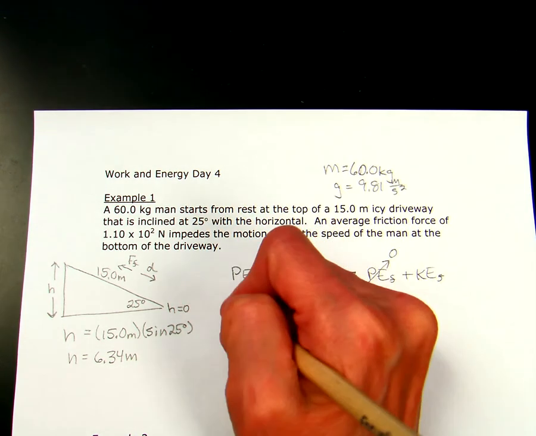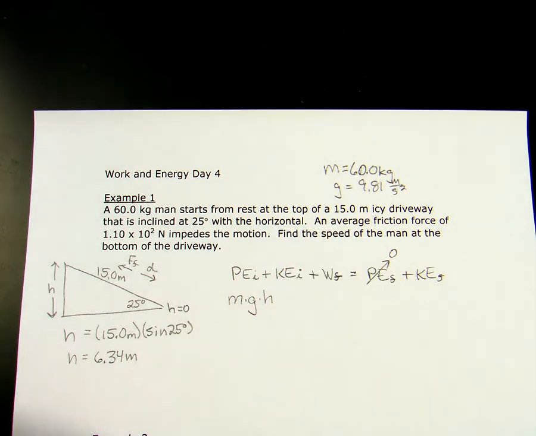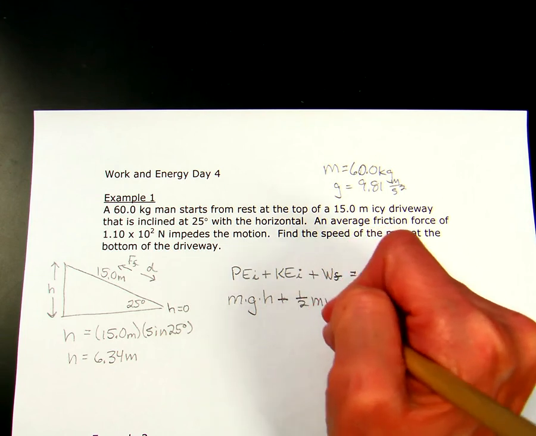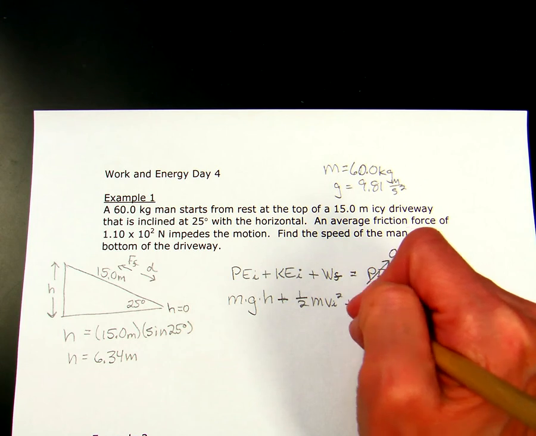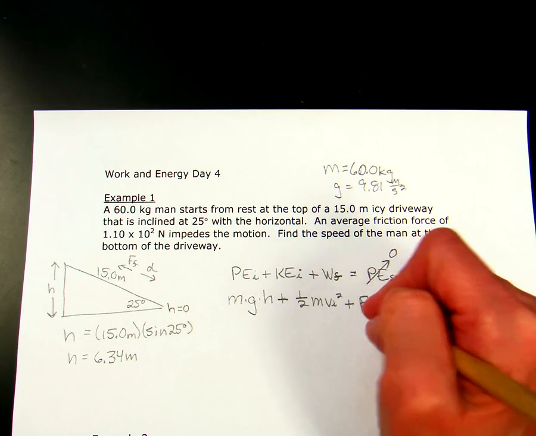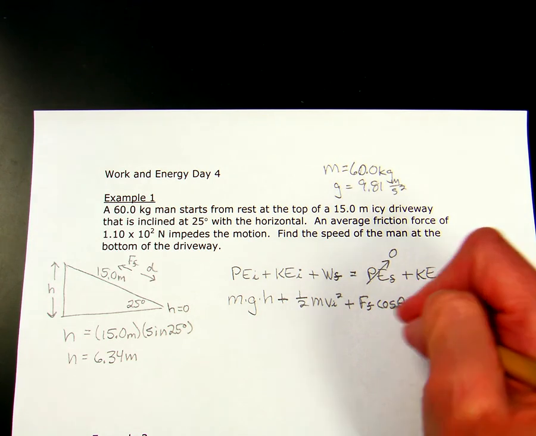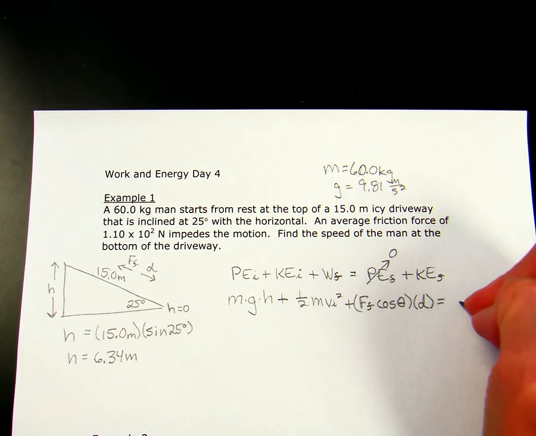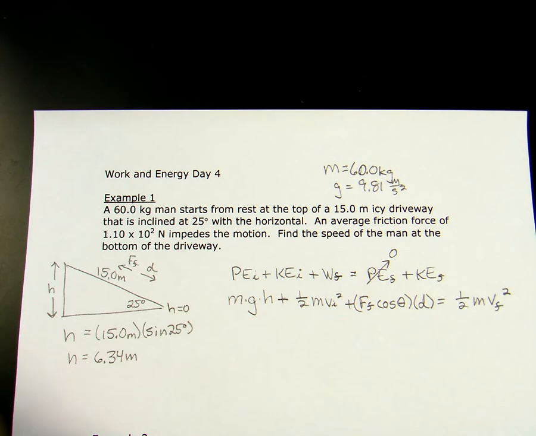So I have a potential energy of m times g times h, and I found h earlier, plus 1/2 m v initial squared. Now I have frictional force times the cosine of the angle between the force and the displacement, and that's going to equal 1/2 m v final squared, and that's at the bottom of the hill.